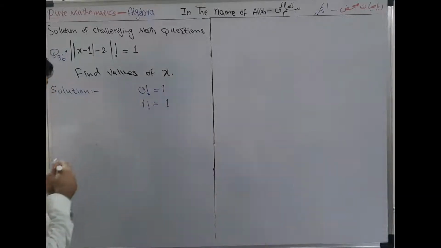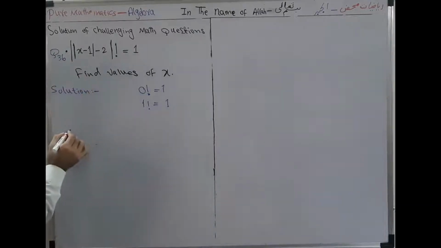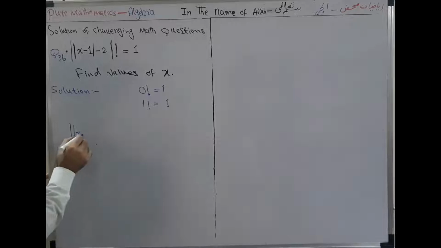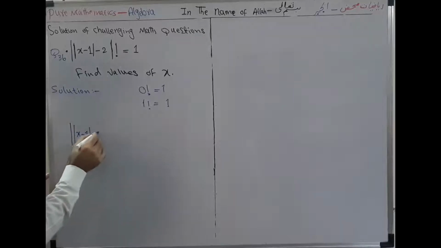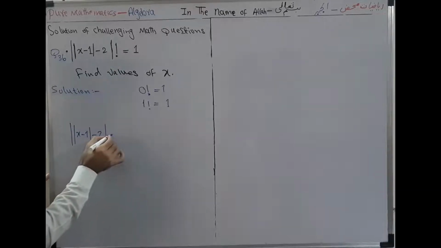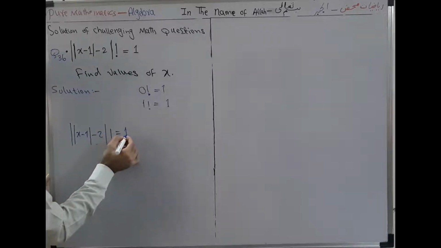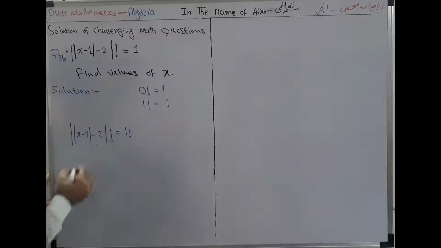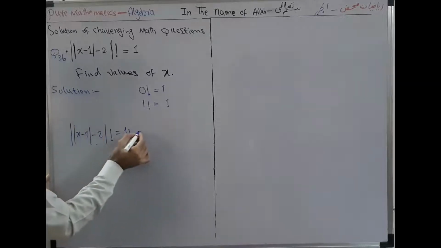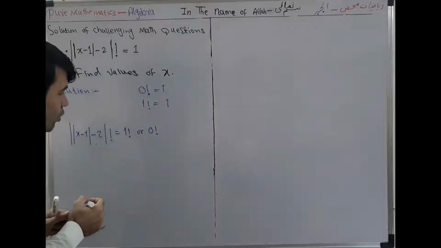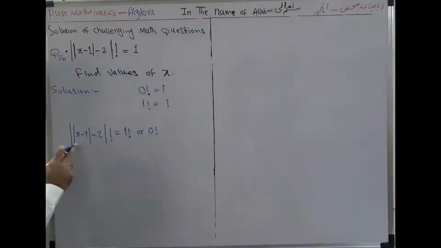So first we write: the whole factorial of the absolute value of x minus 1, minus 2, is equal to 1 factorial, or it can be equal to 0 factorial.